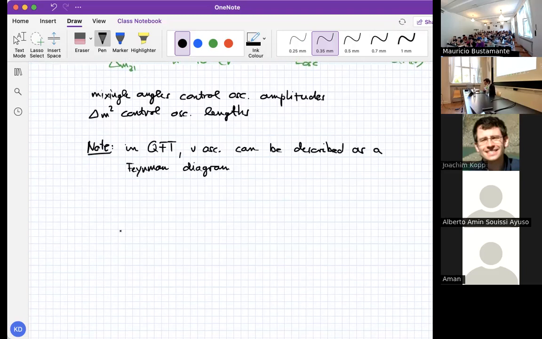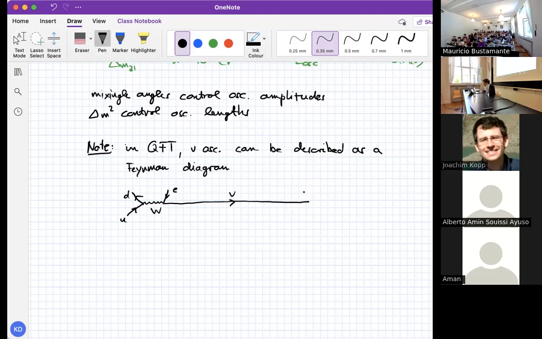And the way this diagram looks is, for instance, you start with a neutrino production process that involves a W boson. So let's assume there's a process that converts an up quark into a down quark, and there is an intermediate W, which makes a positron and a neutrino. Now the neutrino travels over a long distance.